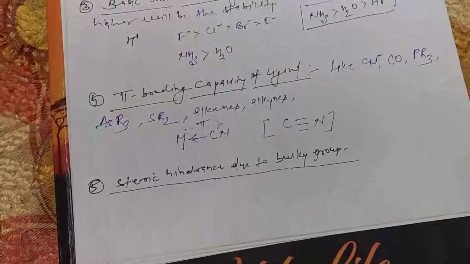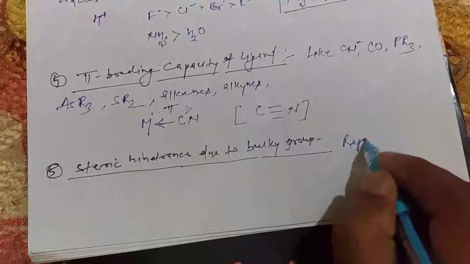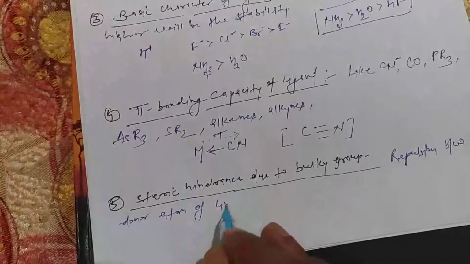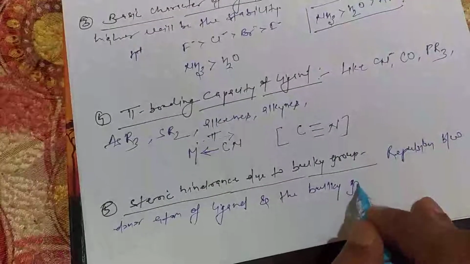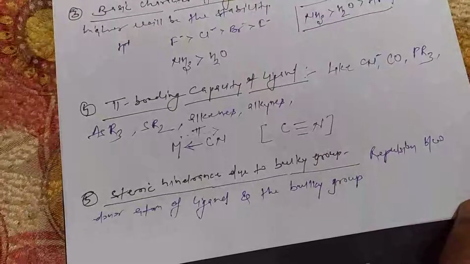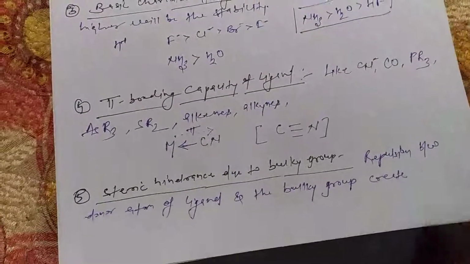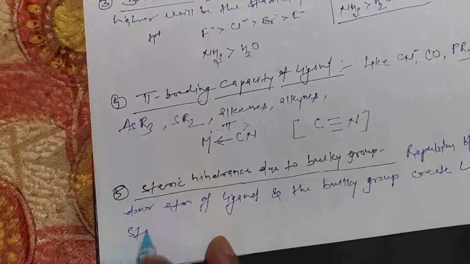Repulsion between the donor atom of the ligand and the bulky group is produced, and this repulsion creates a less stable complex.